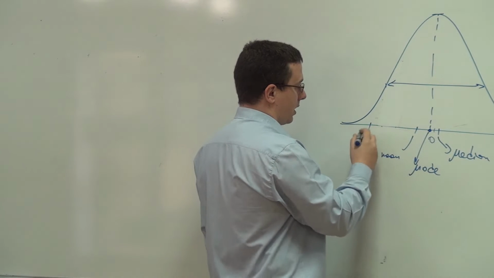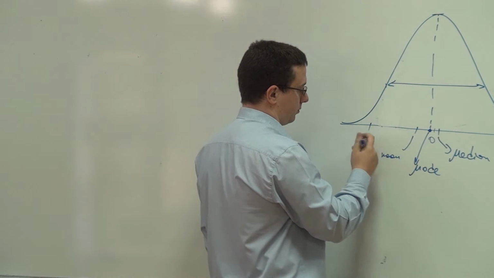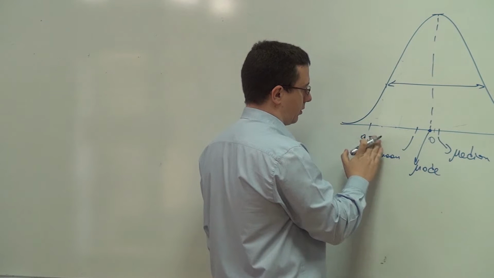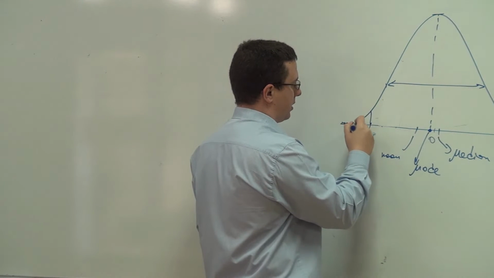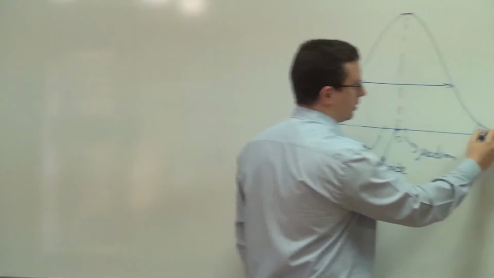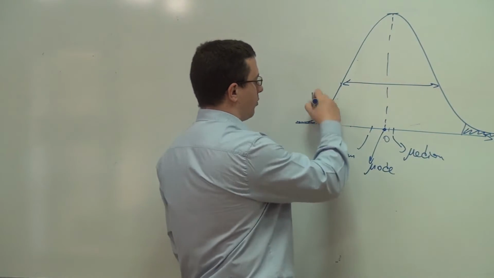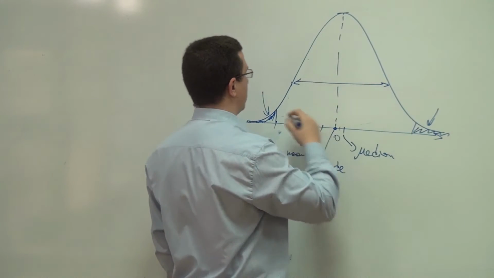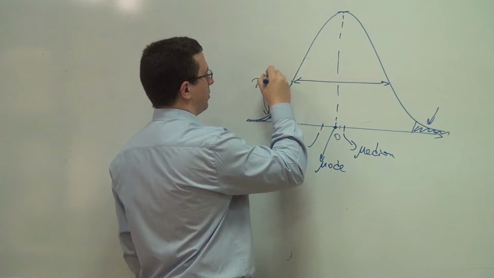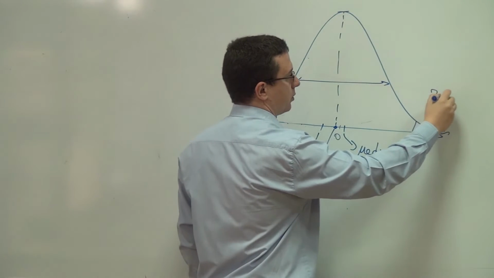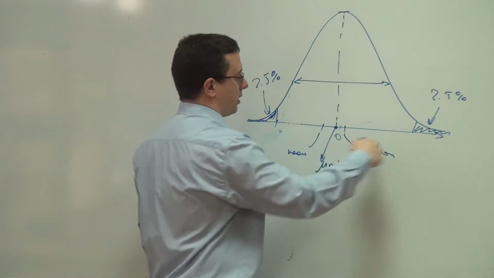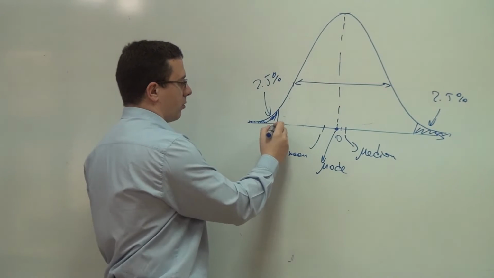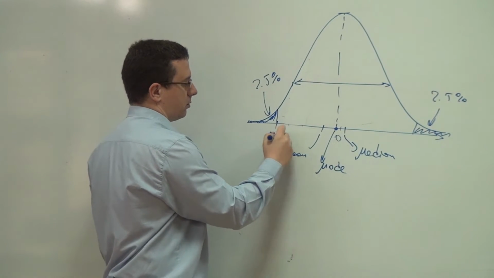But let's say you take this thing here and this thing here, and you make them equal. 2.5%, 2.5%. So you have equal probability to be here and here. And then you compare these values, A and B.